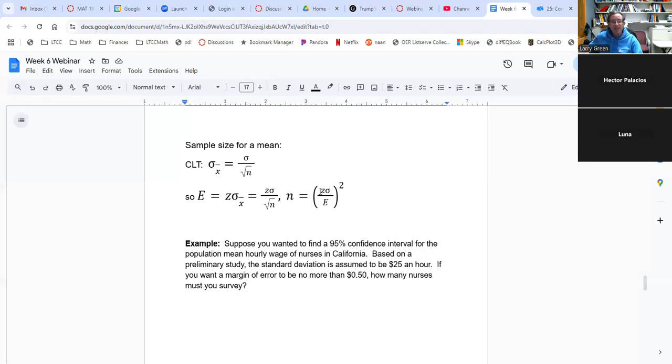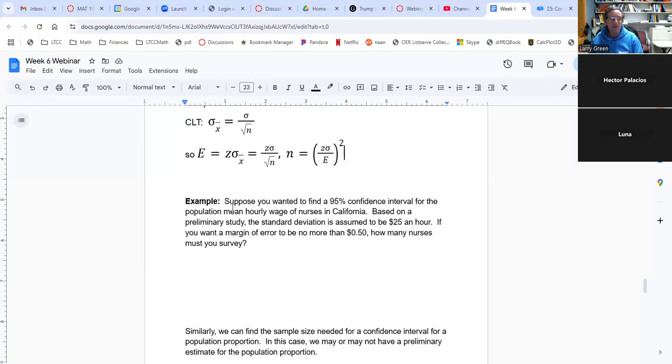And you get n equals Z sigma over E, all squared. Any questions about the formula? Notice if you want a small margin of error, you're going to need a big sample size, because if you divide by a very small number, you end up with a large number. So that's important to note.